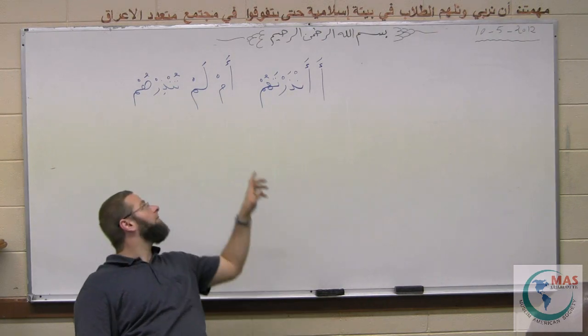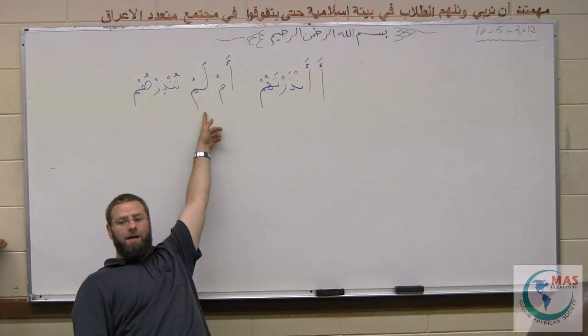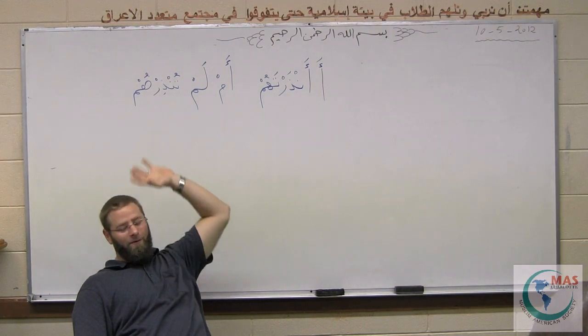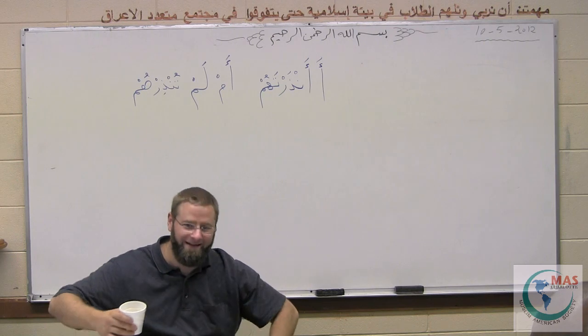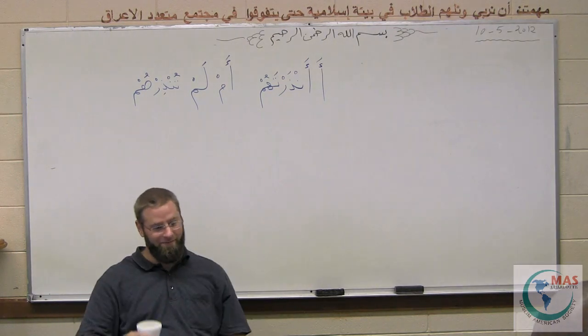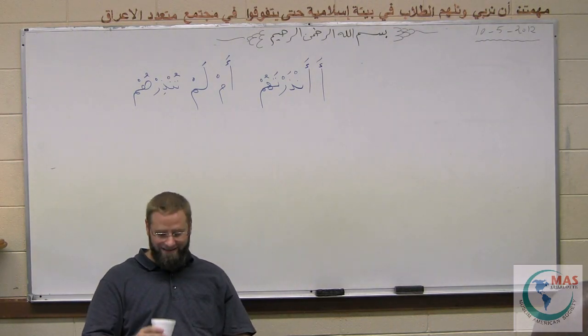The reason is because lam negates a verb for past tense but uses the present tense. Don't worry about all that. Just don't forget what I just told you, because if you try to, you're going to think about it and be like, man, I can't come to this class anymore.